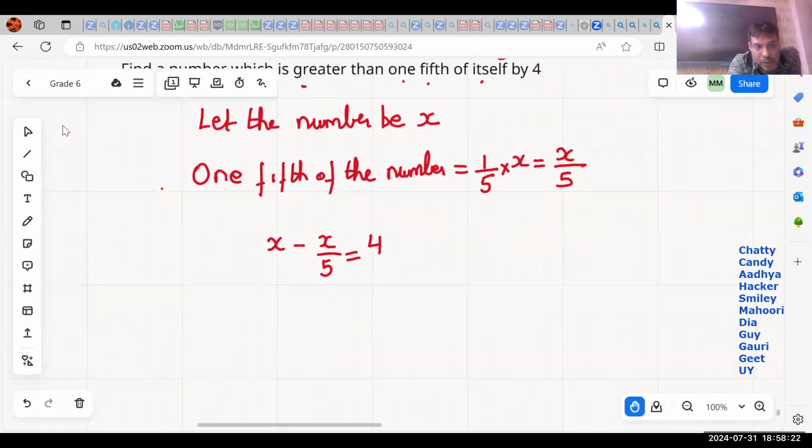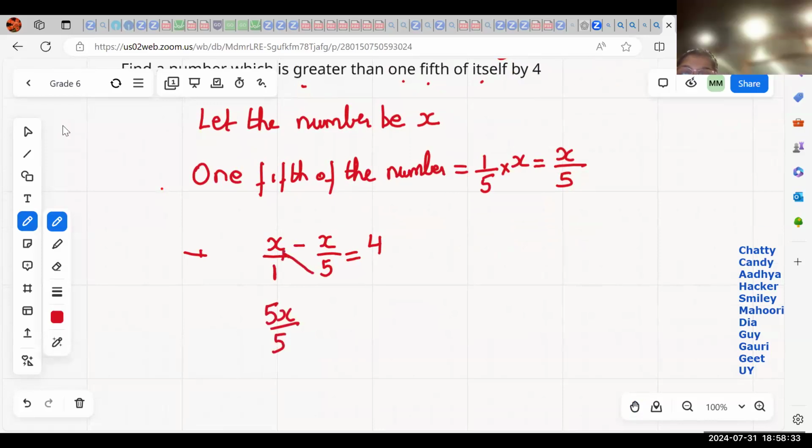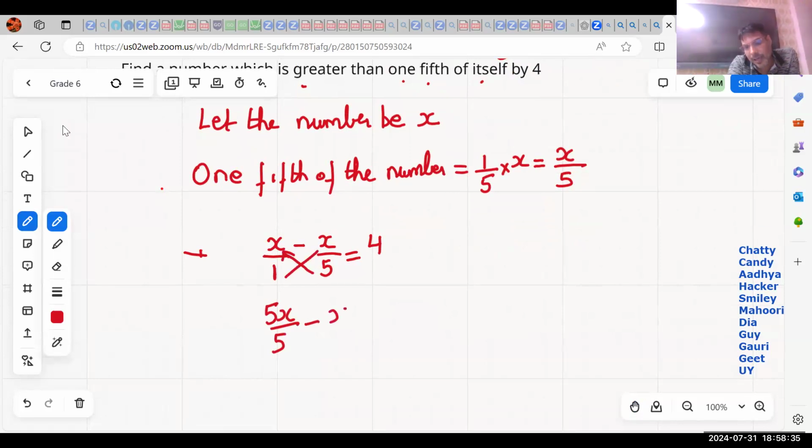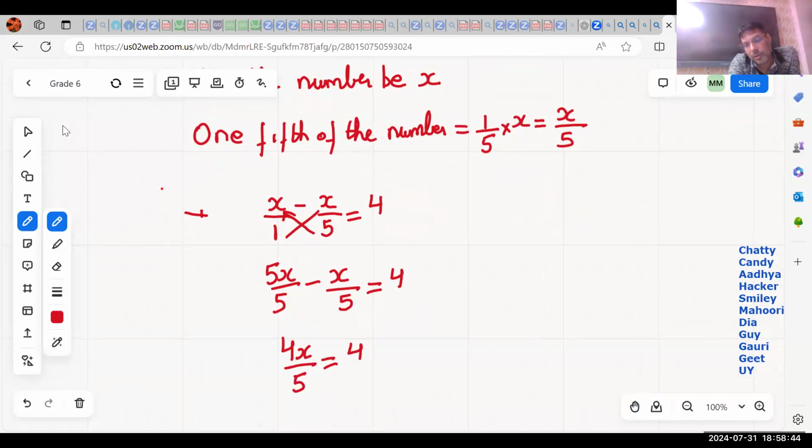Now these types of questions, we did at the end. How do we solve it? We take the denominator as 1. x can be written as 5x by 5, or you can cross multiply. 5x minus x upon 5 equal to 4. This will be 4x upon 5 equal to 4.